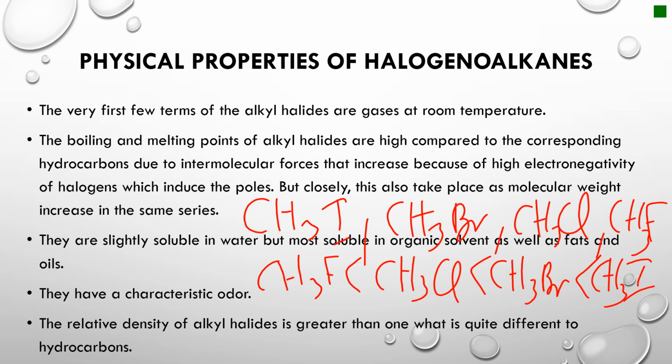The relative density of alkyl halides is greater than 1, which is quite different from hydrocarbons. As you remember, hydrocarbons have a density less than 1, which means they are less dense than water. But alkyl halides have a density greater than that of water, which means they are denser than hydrocarbons.